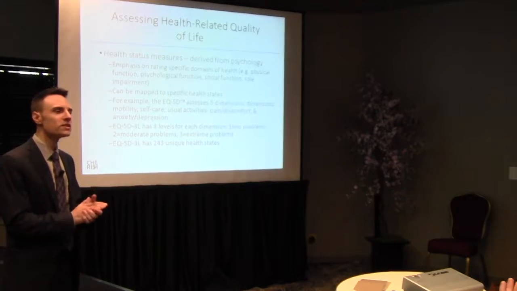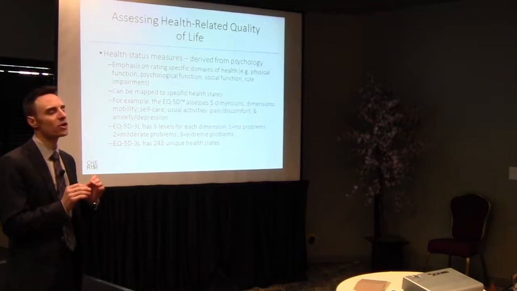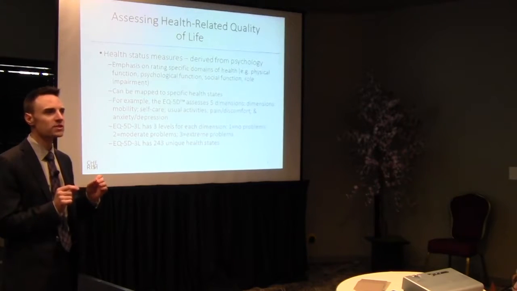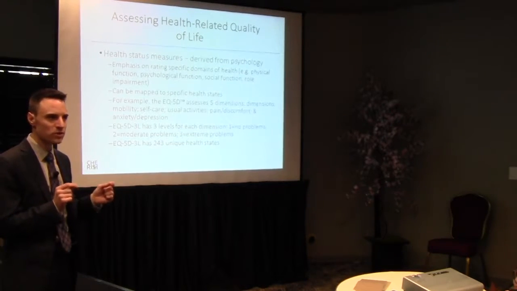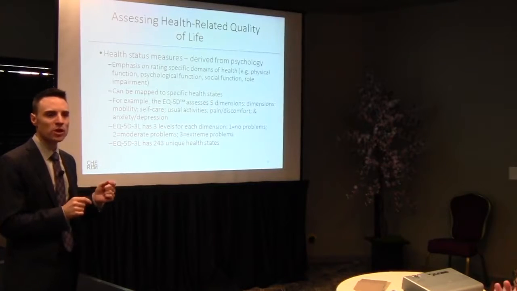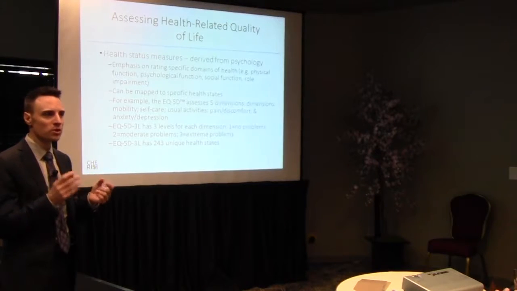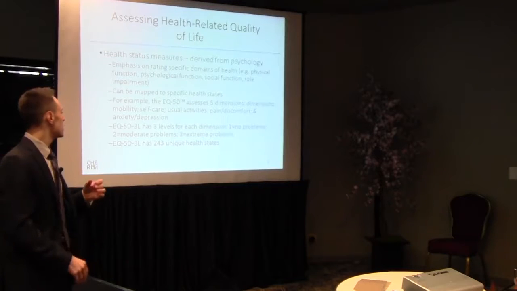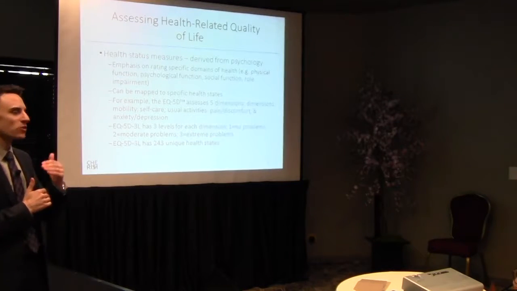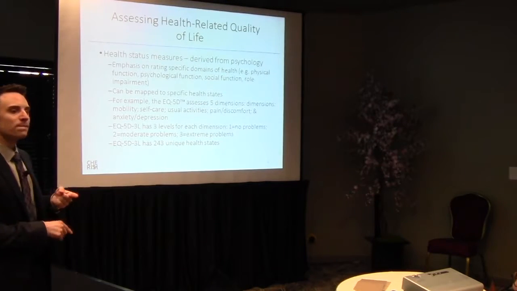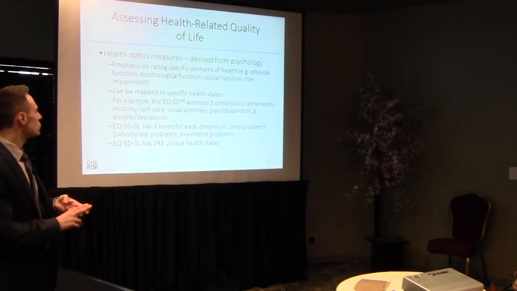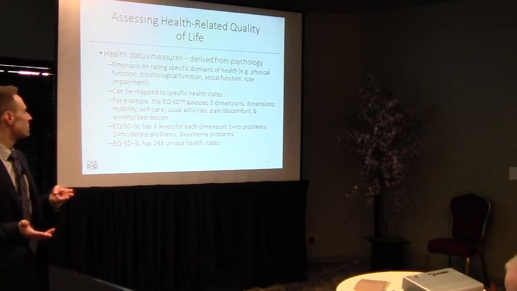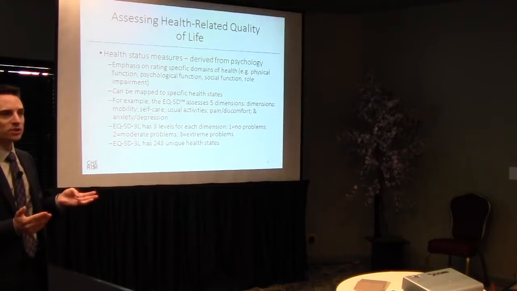Okay, well, in terms of generic health-related quality of life instruments, it's probably the most commonly used. It has some nice psychometric properties, low respondent burden, it's only 5 questions. So it looks at 5 different health dimensions: mobility, self-care, usual activities, pain/discomfort, and anxiety/depression.